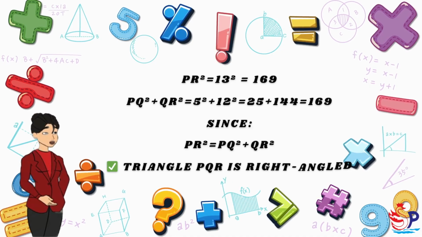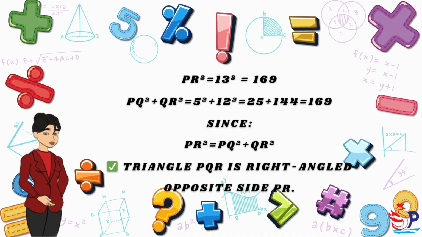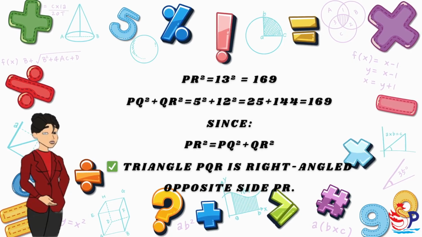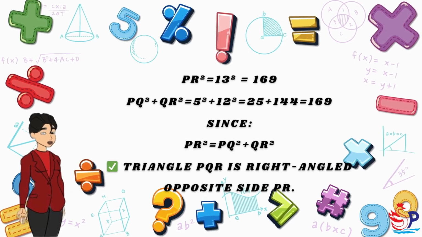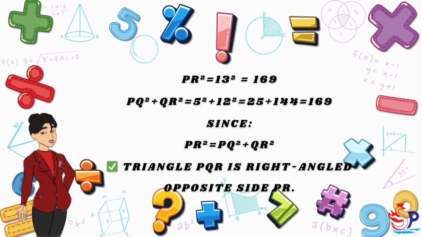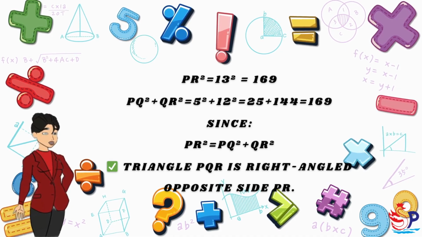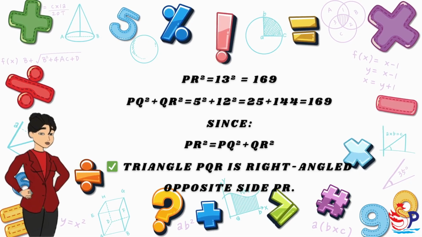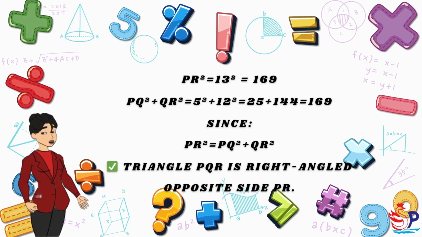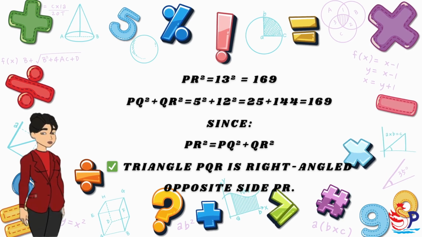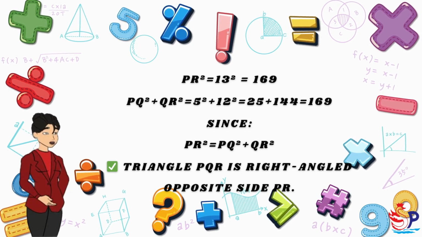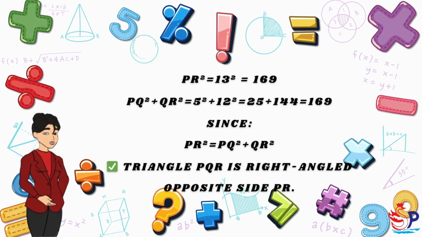PQ squared plus QR squared is equal to 5 squared plus 12 squared is equal to 25 plus 144 equals 169. Since PR squared is equal to PQ squared plus QR squared, triangle PQR is right-angled, with the right angle opposite side PR.